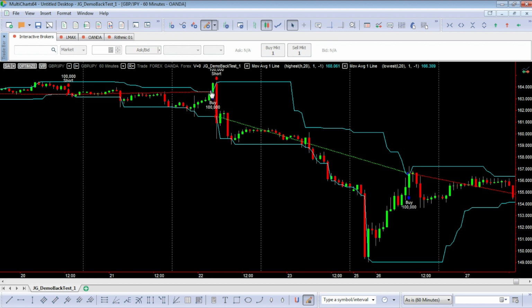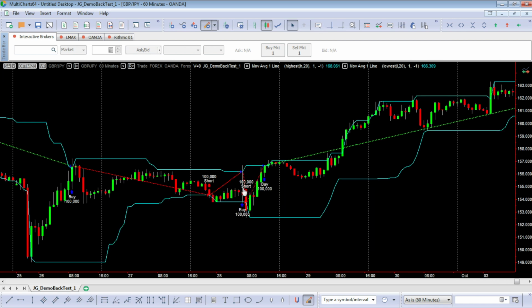We actually went long here, which was a false long, because we had this big red candle which took us out of the long trade and got us into a new short trade. Then prices went down, and eventually we got stopped into our new long trade. So we exited on that trailing stop loss following the upper channel line, and went into a new long trade.